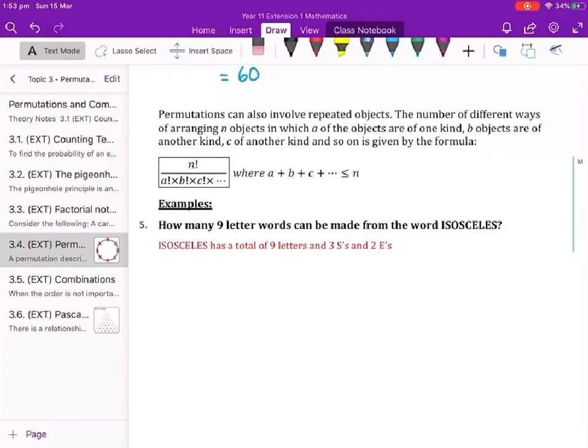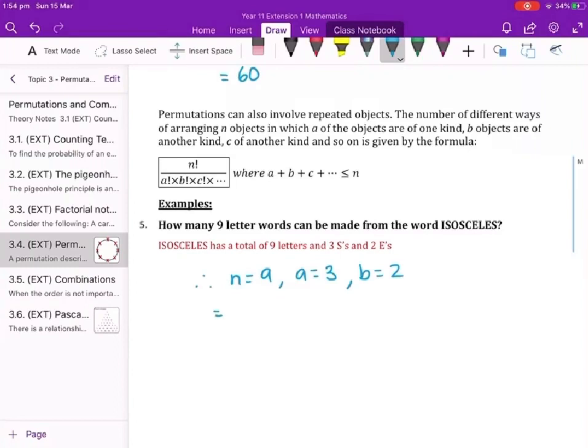So for our example here, we have how many 9-letter words can be made from the word isosceles. So isosceles has a total of 9 letters, with 3 S's and 2 E's. Therefore our n would equal 9, our A would equal 3, and our B would equal 2.